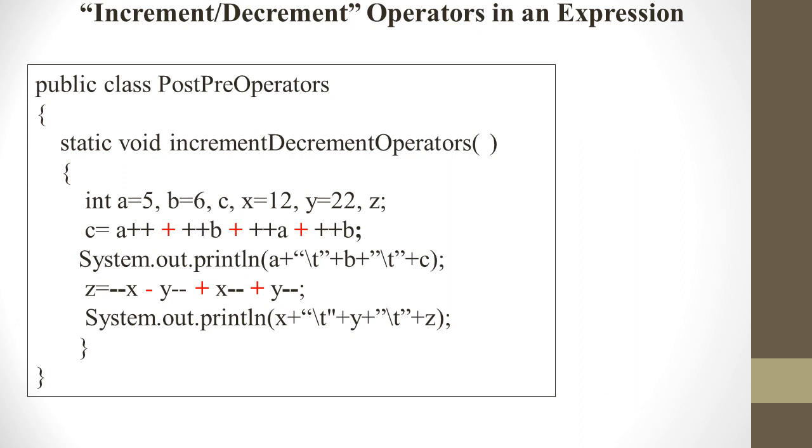Now how to execute these statements or expressions? In the first expression, c equals a++ plus ++b plus ++a plus ++b, the evaluation is performed from left to right. Thus a++ will make 5 take part in the evaluation, but a changes itself to 6.